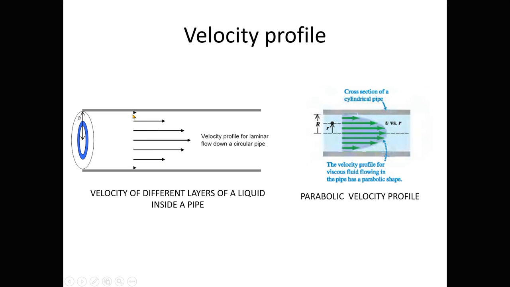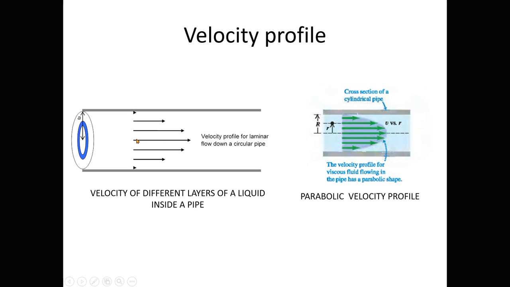Similarly, the velocity of the fluid attached to the other end of the pipe is also 0. As we move upwards, the velocity increases. This is more velocity than this velocity, and the water flowing through the middle portion of the pipe is maximum.